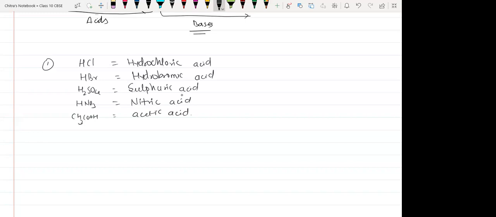They are using vinegar only. So a 4 to 8% aqueous solution of acetic acid is called vinegar.